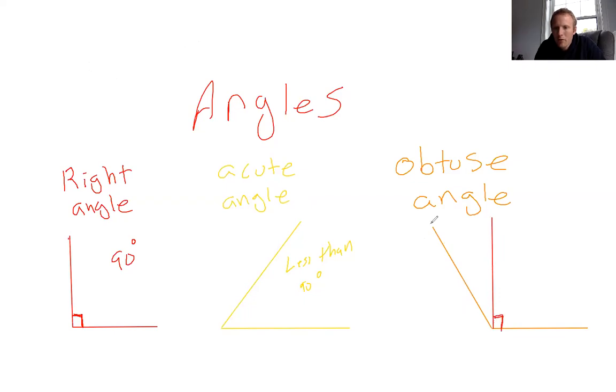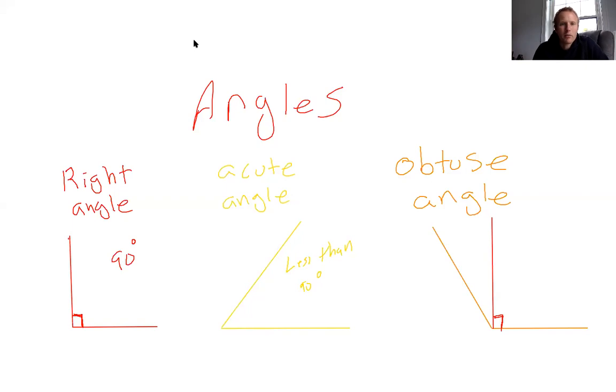But this orange angle, this obtuse angle, extends further than that. This line goes past it, it goes to the left of it. So it's more than 90 degrees. Think of if you had a 90-degree angle and you opened it up even more. Think of opening a book. If I had the book open this far to 90 degrees and then I opened it all the way, I would be having an obtuse angle.